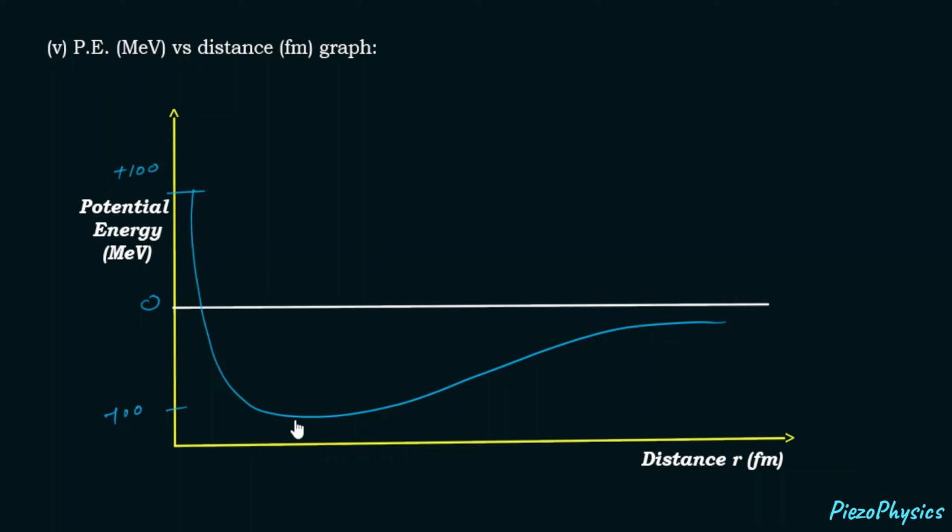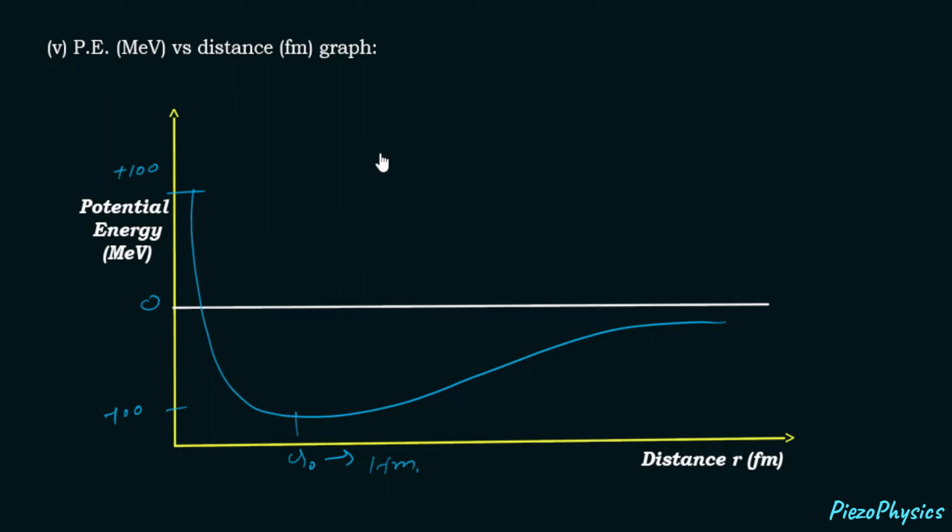Okay, and minima is at r naught, which is around 1 Fermi. As we can see, near r naught potential energy is minimum, and after that potential energy keeps increasing, and at less than 1 Fermi also potential energy is increased. So this is all about the features of nuclear forces.